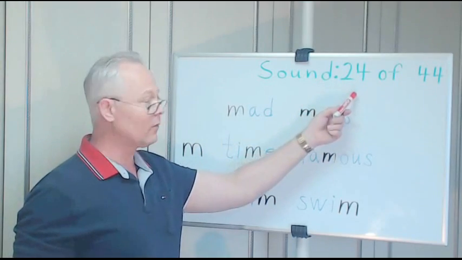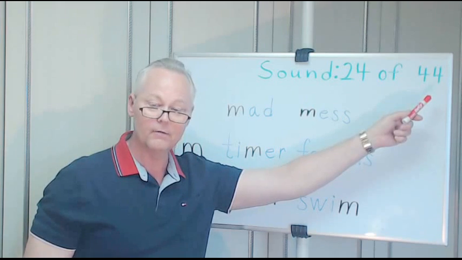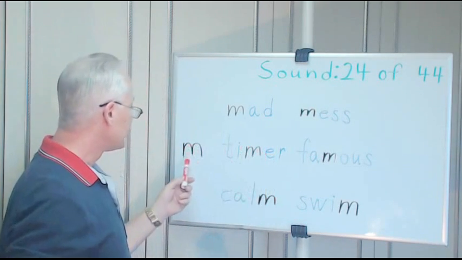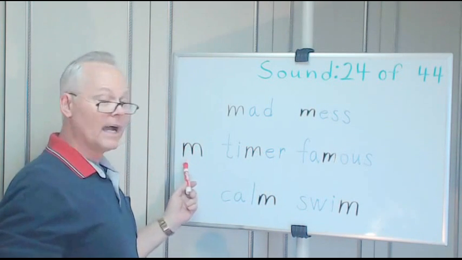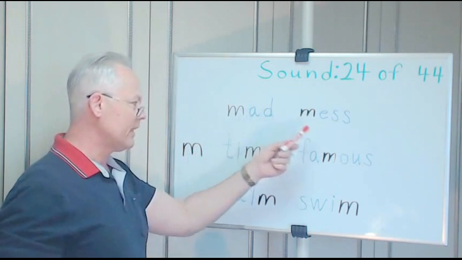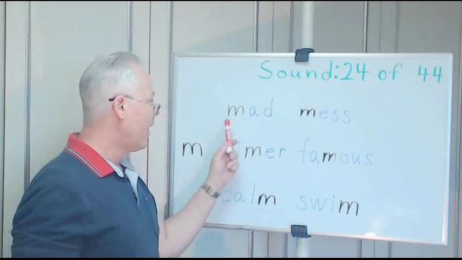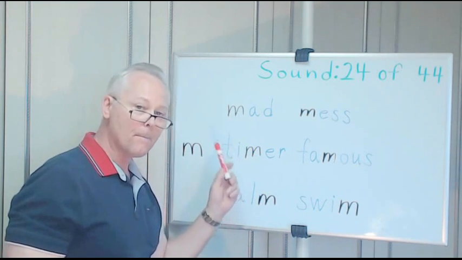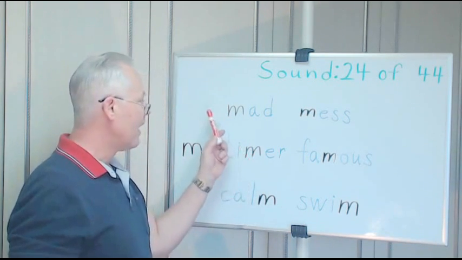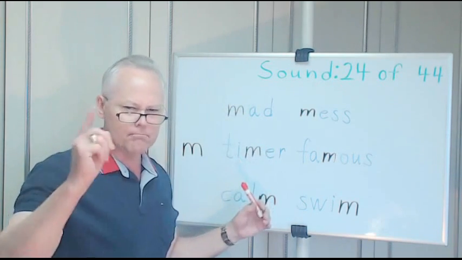Sound number 24 of the 44 sounds of American English. Here we have the consonant, the letter M. What sound do you think M makes in these words? Could it be M? Mad, like you're angry at somebody? I'm mad at you.